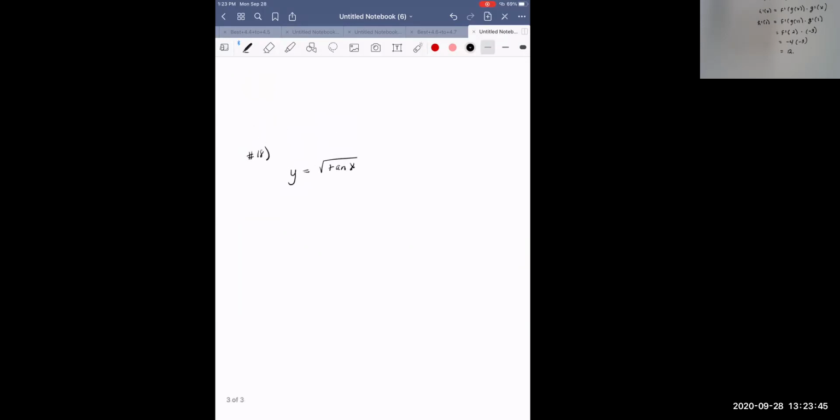So you can think of this as the tangent of x to the 1/2, correct? So this is a composite function, right? The outer function, which I call f, is root x. And the inner function, which I call g, is the tangent of x. And we know that the derivative of the outer function is 1 over 2 root x. And we know that the derivative of g is the secant squared of x, right?